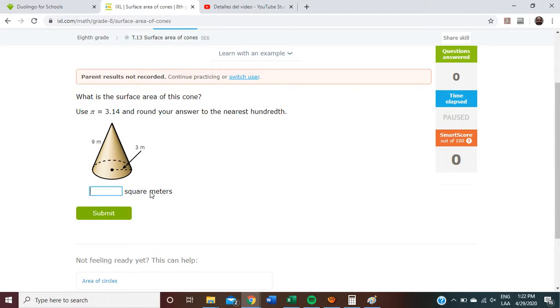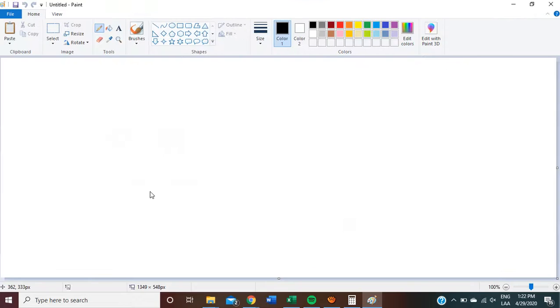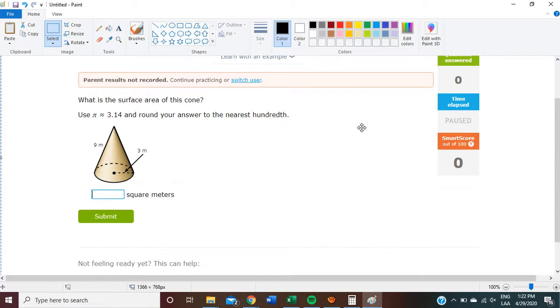So we have these values. We have pi, whatever you want to express it like, we know that it is always going to be, for us, rounded to 3.14.